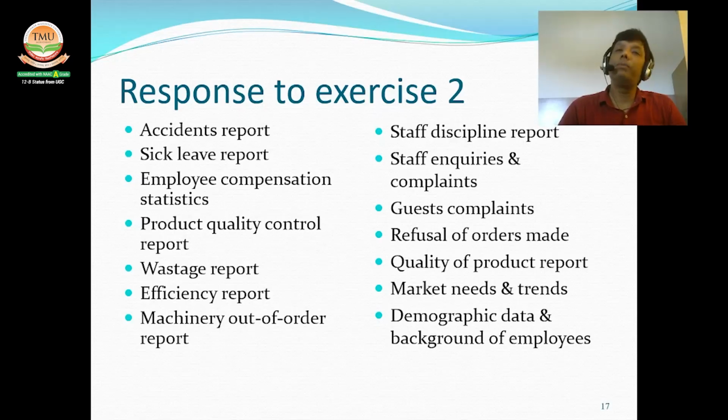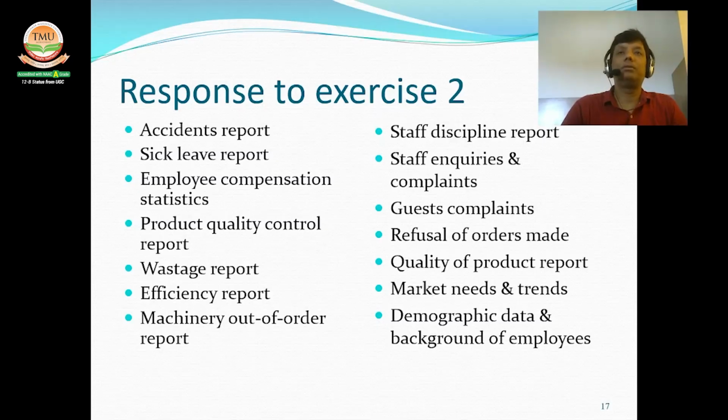Product quality control reports, wastage reports, efficiency reports, machinery breakdown reports, staff discipline reports, staff inquiries and complaints, guest complaints, refusal of orders, quality of product reports, market needs and trends, and demographic data and background of employees can be used. So these are the things which can be used as evidence for identifying your training needs, whether you require training or not.